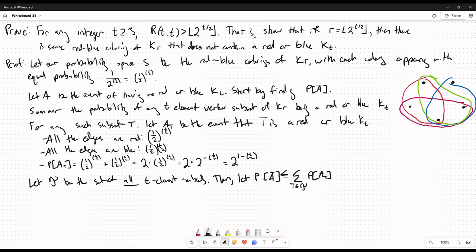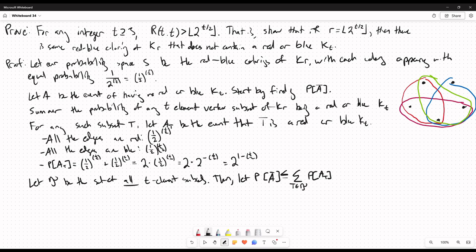And why is that? Because the complement of A is the event of there being some monochromatic red or blue Kt, and here we looked at all the individual cases where a given set of vertices was a red or blue Kt.